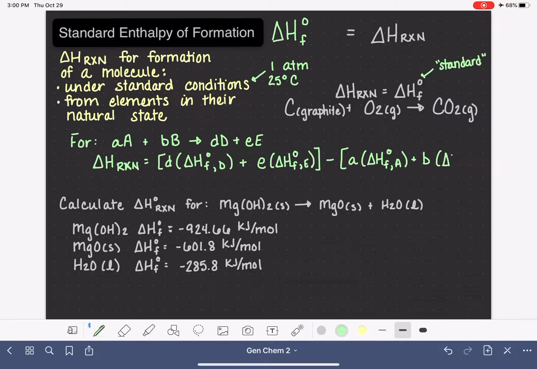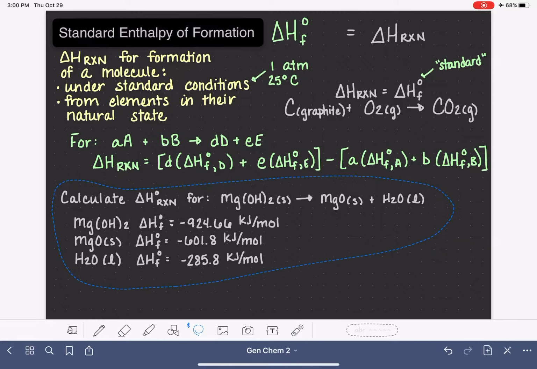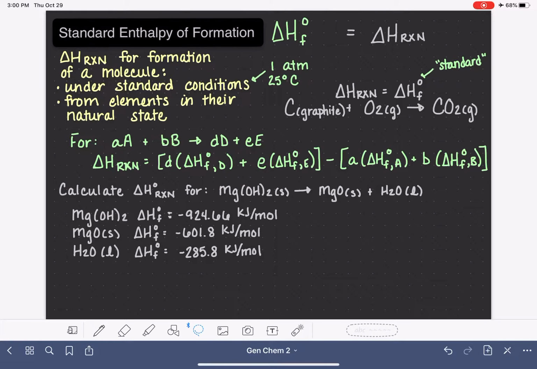When we look at the formula in this particular format, it makes it seem like a pretty complicated calculation, but it's actually really straightforward. So let's take a look at this example right here, where we're actually going to apply this version of Hess's law. We have this chemical reaction right here.